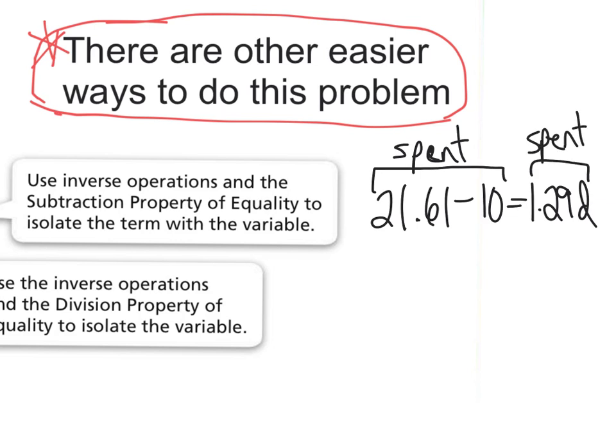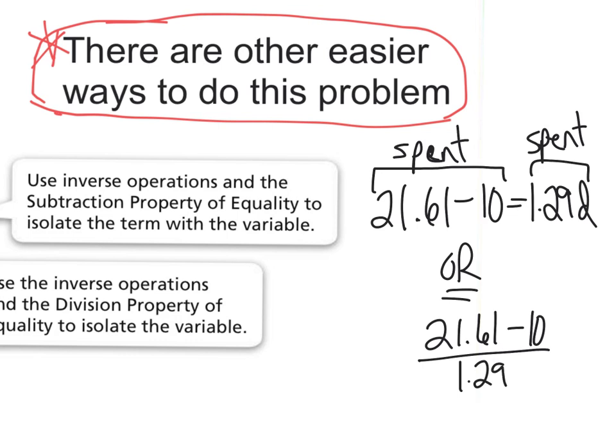So that's one way of doing it. Or another way, you could say $21.61 minus 10 divided by $1.29.